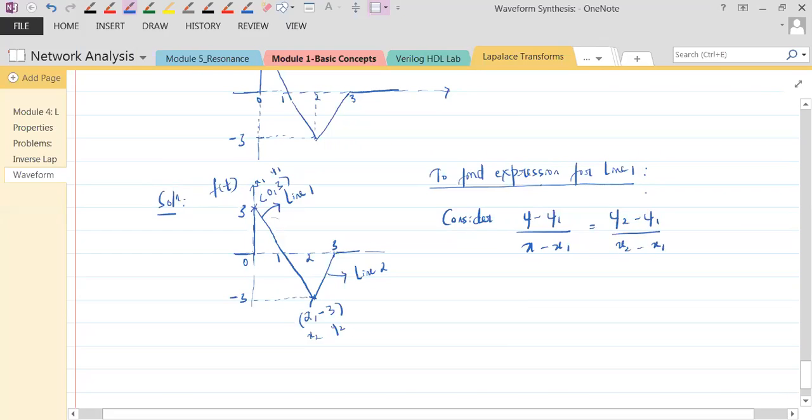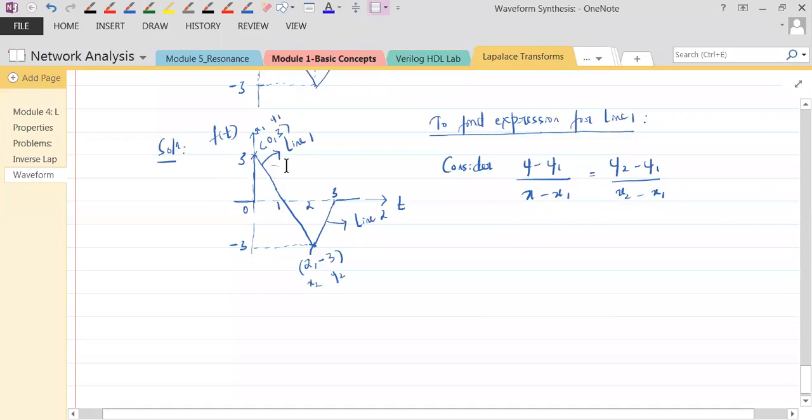Here y is the y-axis, which is f of t, the function of t. And x is the x-axis, which is the time axis. So y is f of t and x is time, and x1, y1 and x2, y2 are these two points. You just need to substitute that and obtain the equation for line 1.